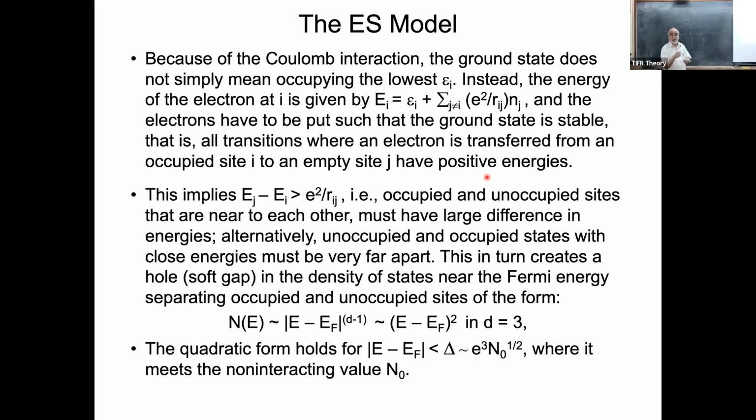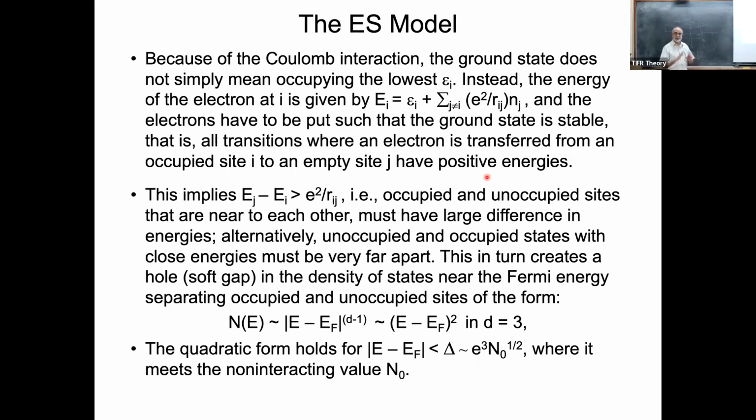You can imagine having transitions from the ones below the Fermi level to above it, but they better be further apart by e squared over R_ij. And if you do that, the calculation shows that the density of states must go to 0 at the Fermi level.